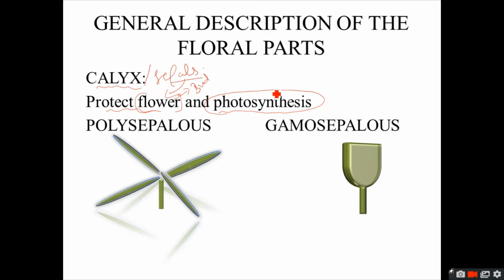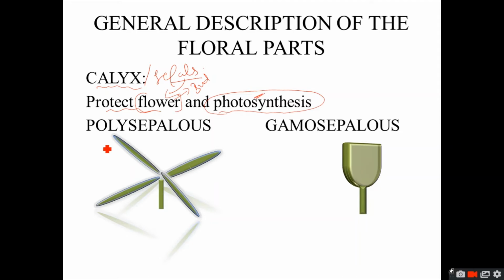The green calyx mainly helps in photosynthesis. Now it is not necessary that every calyx is green or responsible for photosynthesis, but in some cases, like in the case of hibiscus, or I say China rose, it has a green calyx or sepals, which helps in photosynthesis.